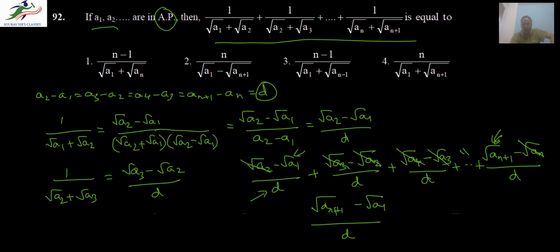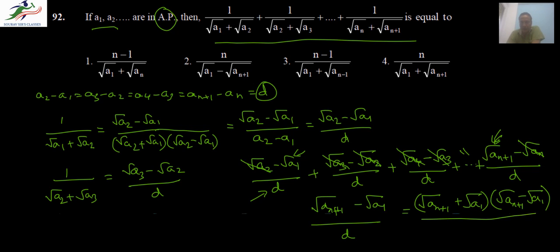Now we will multiply both the numerator and denominator by root a(n+1) plus root a1. So that will give us root a(n+1) plus root a1 into root a(n+1) minus root a1 in the numerator, and in the denominator we will have root a(n+1) plus root a1 into d.